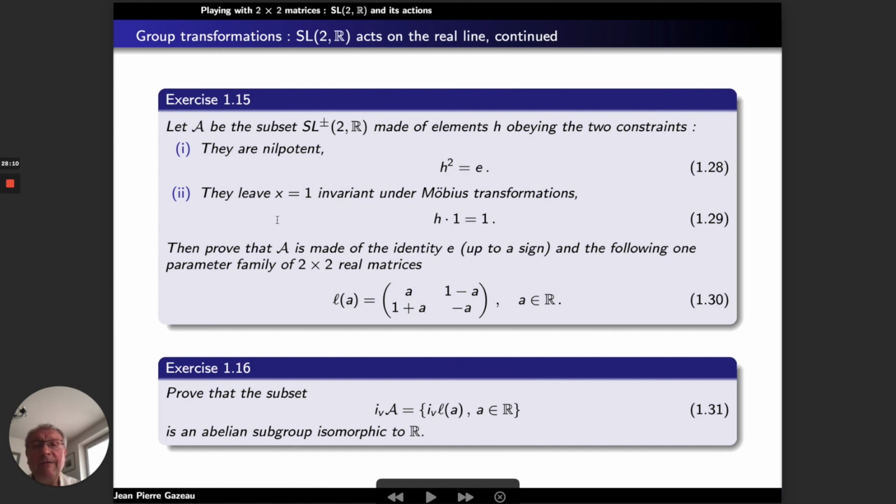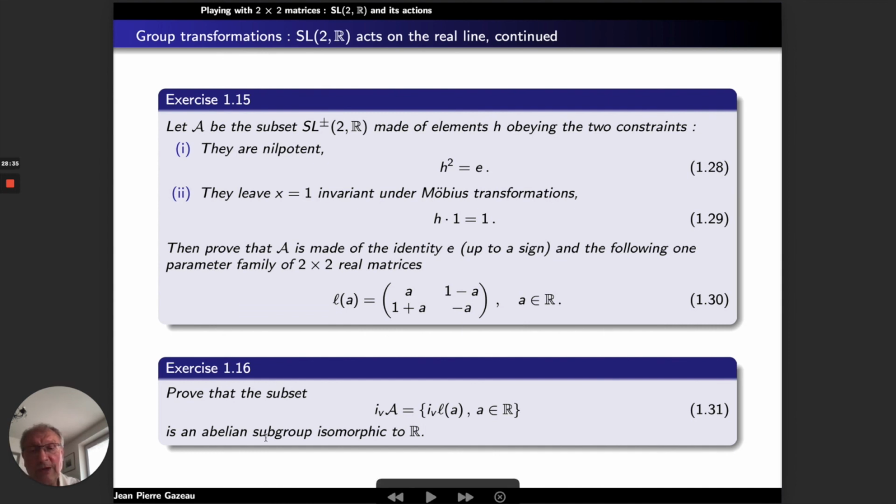And they leave x equal to 1 invariant under Möbius transformation. Then prove that this subset is made of the identity up to a sign and the following one parameter family of 2 by 2 real matrices, which do not form a subgroup.